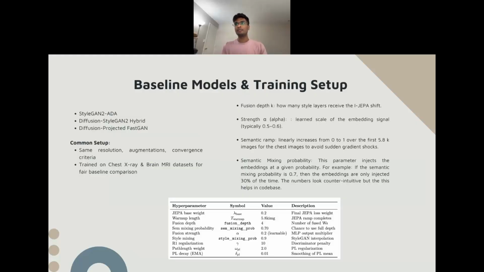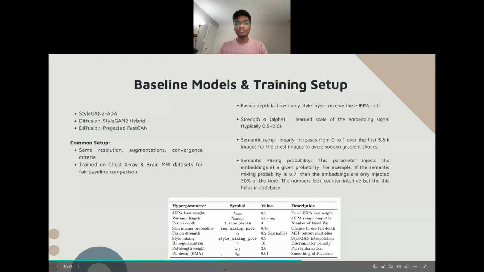The main idea is that instead of using the embeddings right at the start, where the noise is very chaotic and the model doesn't know what it is generating, it ramps up slowly, so that it slowly learns what the embeddings actually mean. That is the idea behind the warm-up length.